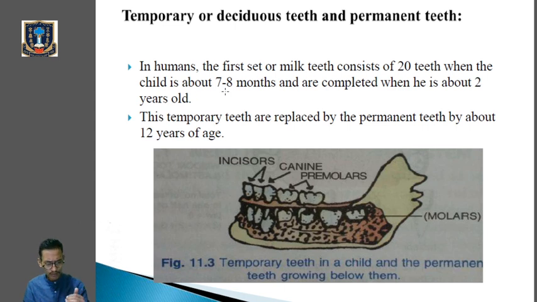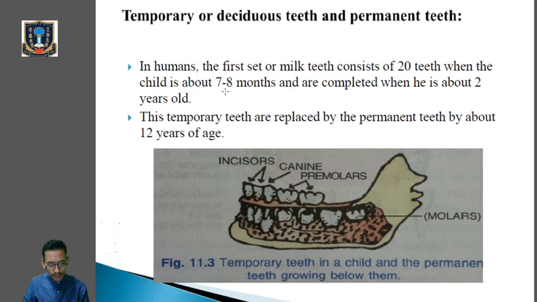It will be completed when the child reaches about 2 years old. So these teeth are mainly called the temporary teeth or the deciduous teeth. They finally fall out as a result of the root being dissolved away in the jaw, and these temporary teeth are completely replaced by the permanent teeth by the age of 12 years.